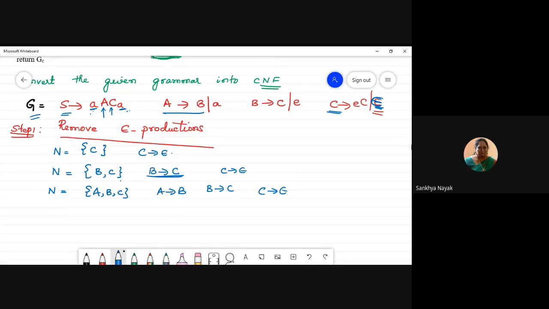Now G dash is equal to: let us take the first one. S derives, I'll keep it as it is.